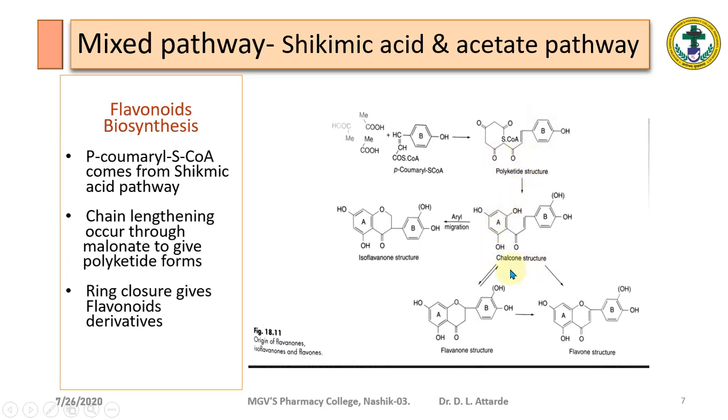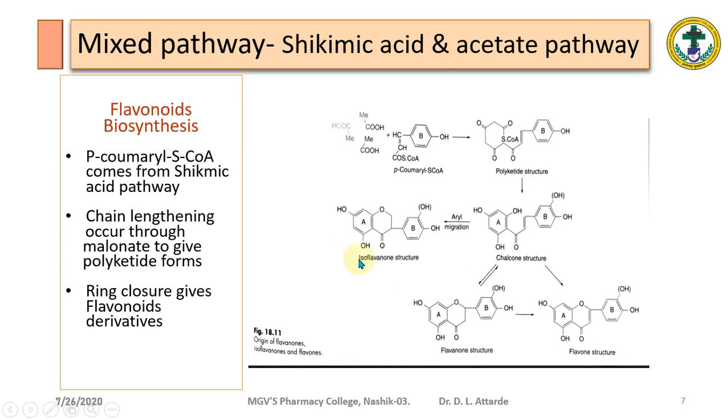As I said, chalcone is a derivative form of flavonoid which has 2 benzene rings A and B with the bridging of this 3 carbon. So this is called the chalcone structure because this ring is not fused. But ring fusion may take place due to some enzymatic action and aryl migration, and under that it gets closed.